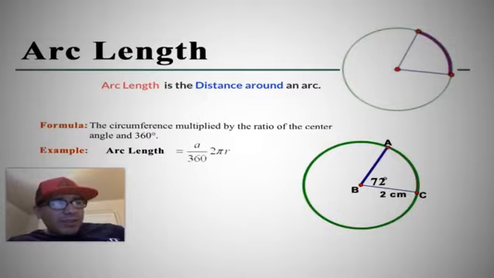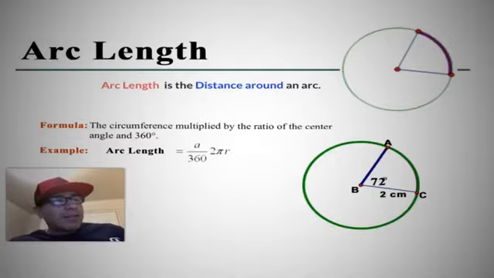One more piece of information is given: the radius of this circle is 2 centimeters. So the arc length formula says you take that angle, divide it by 360, and multiply it by 2, then by pi, and then multiply that by your radius.